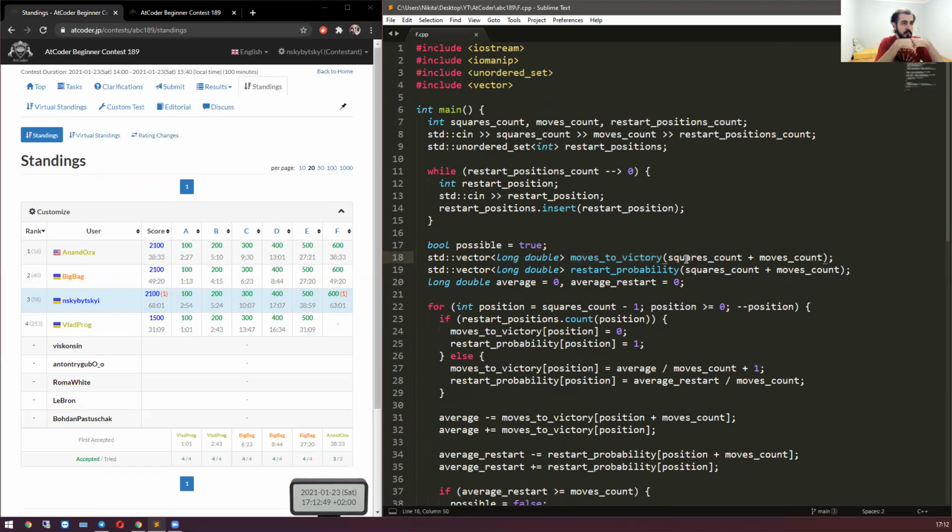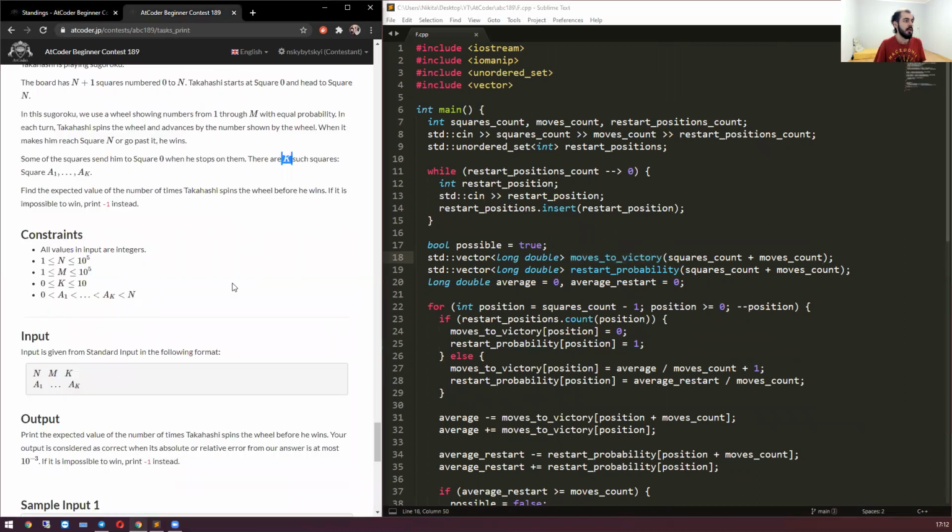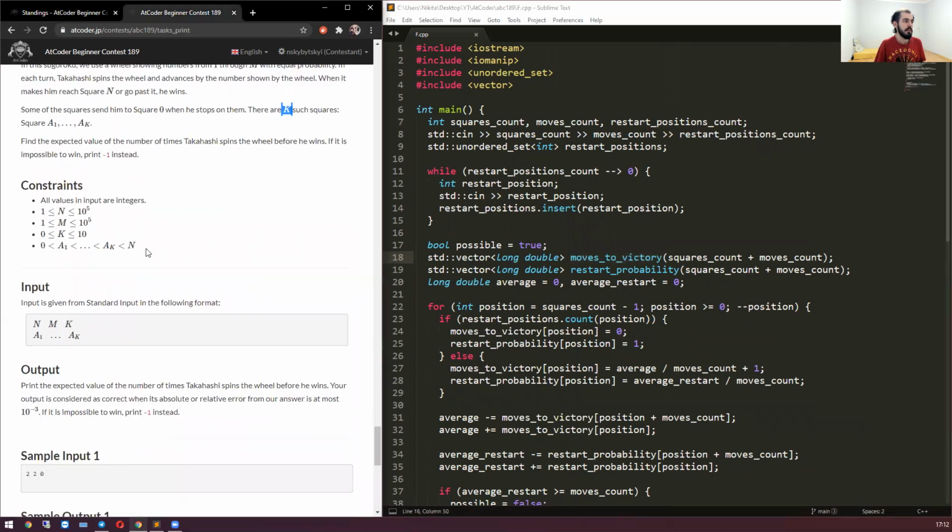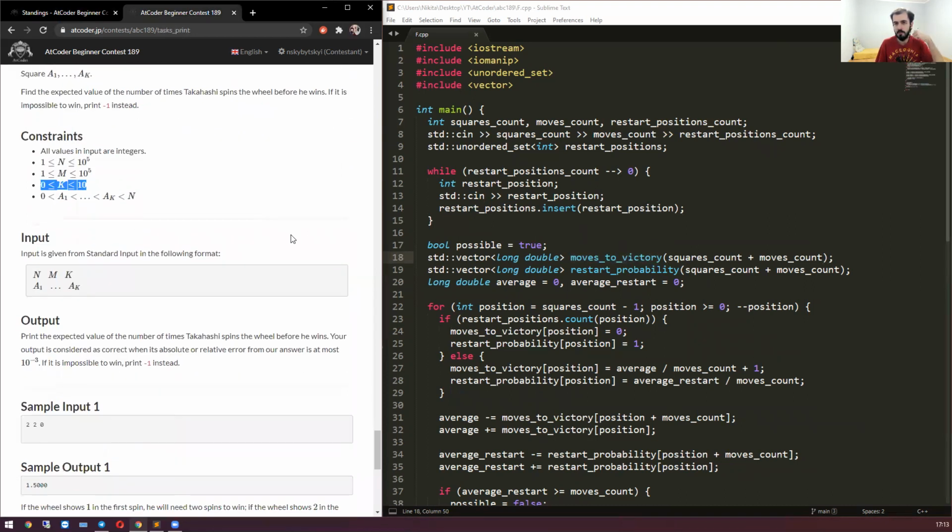At first, I'm actually a big fan of psychological things that you can get out of the problem statement. So here I noticed a not small number of bad positions or restart positions. And I wanted to use it. So at first I decided, oh, maybe K is some parameter in DP or something like that.